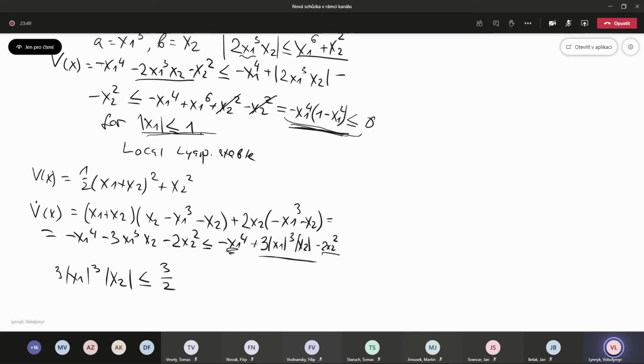3/2 x1 to the 6th degree plus x2 squared.